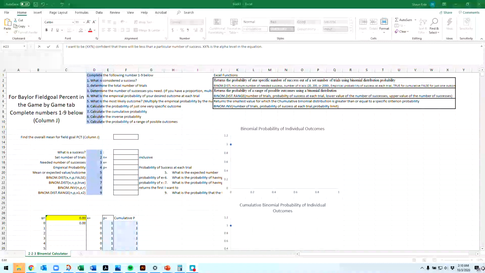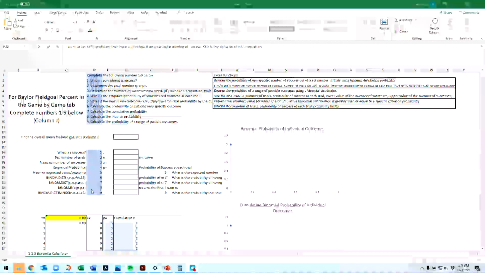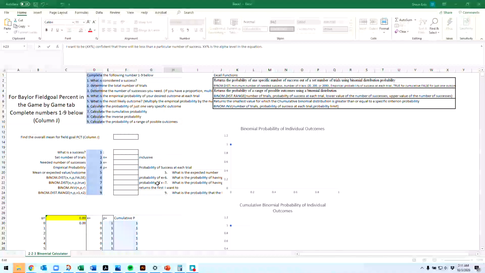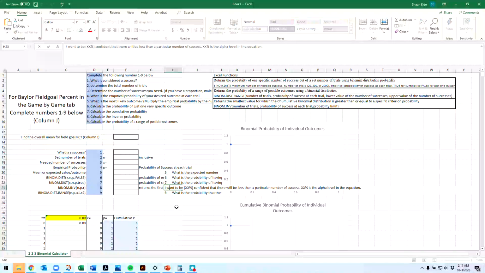Okay, so in this particular one, it's basically saying I want to be this percent confident that there will be less than a particular number of successes, and so XX, this percentage is the alpha level in the equation. So if you go over to the binomial inverse equation, that R right there is the percent of basically how confident you want it to be, and it's the term alpha, and we'll be dealing with that term a lot later. Let's do 8 period.